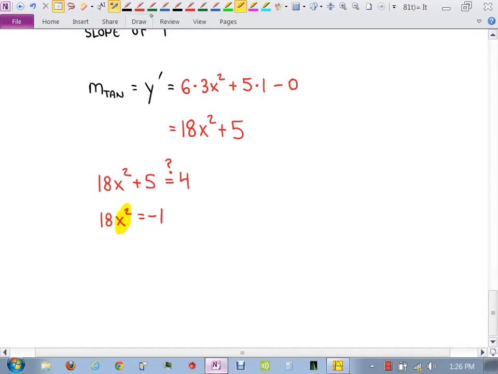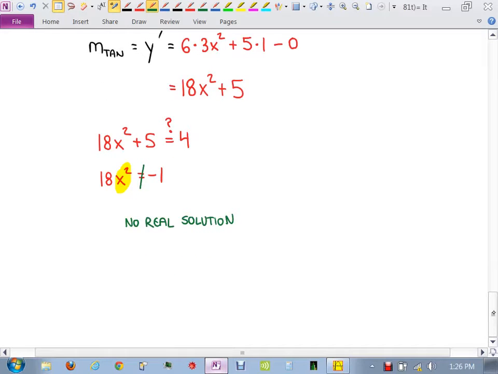So this has no real solution. Well, there are solutions that are complex numbers. So when you say no real solution, you're saying there's no real number that would solve that. There's an imaginary number that would work. That's how you would answer it.